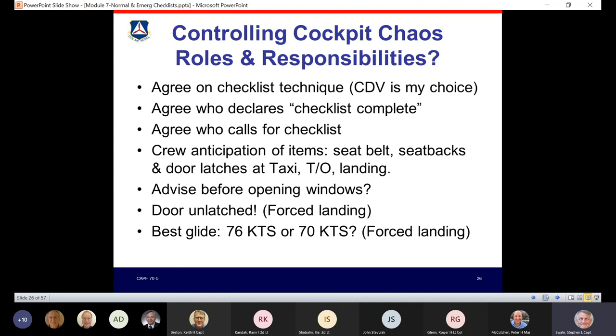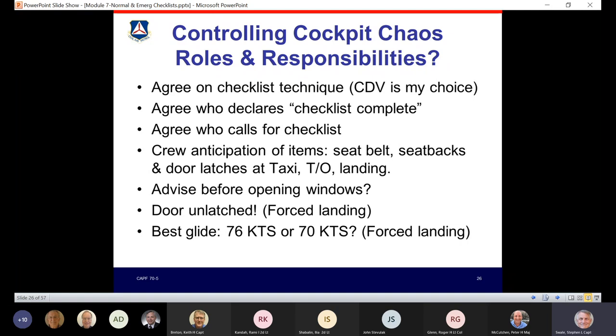Who is going to manage the checklist? Is the pilot in command going to actually read the checklist and be backed up by the MO? That's possible, especially if it's someone that's new or is being trained as an MO-T, for instance. That might be the thing that you do until you get the teamwork down and assess the capabilities of the new trainee. And agree who calls for the checklist.